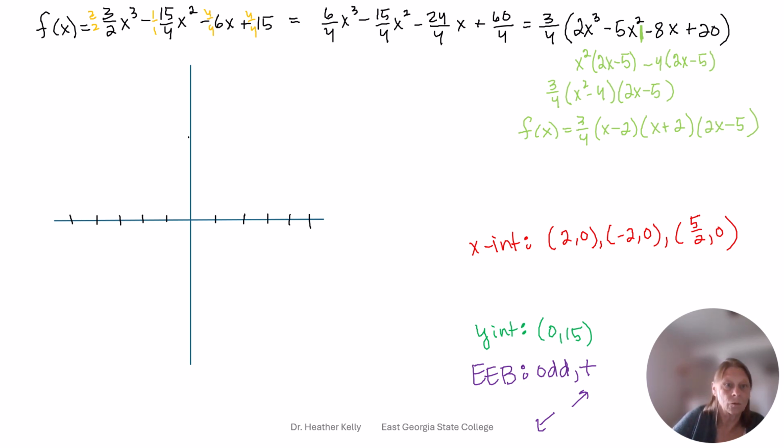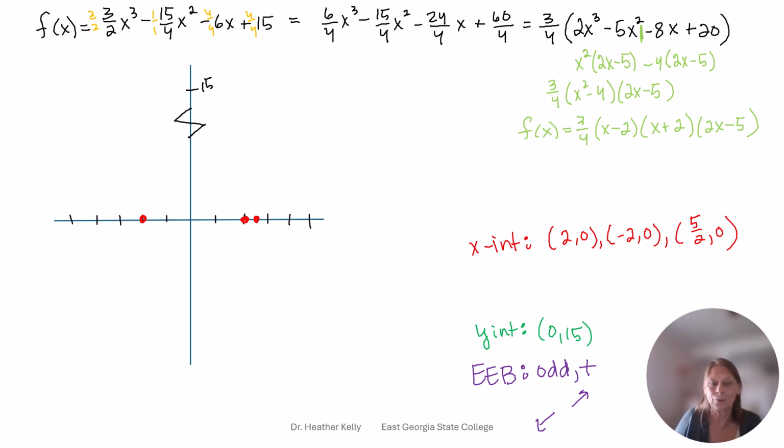Let's make this guy 15, and plot our points here. We've got negative 2, 0. We got 2, 0. We got 5/2, which is 2.5.